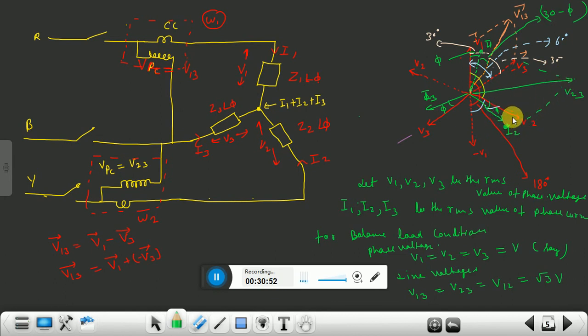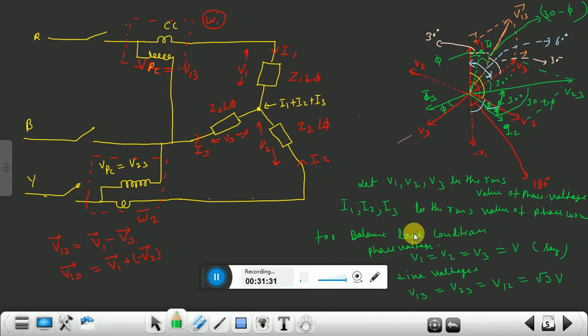Okay, and here I2 lags V2 by 5 degree, so this is your 30 degree, and again this is 30 degree. Previously we calculated. So suppose we want this angle, this angle is 30, and this angle is 5. So in this case total angle is 30 plus 5.